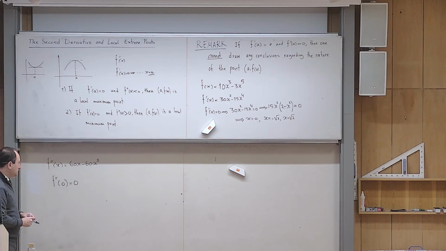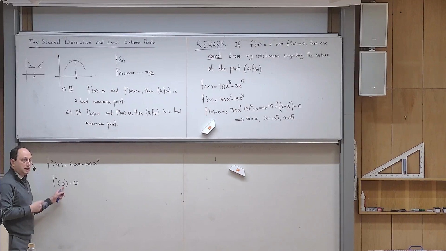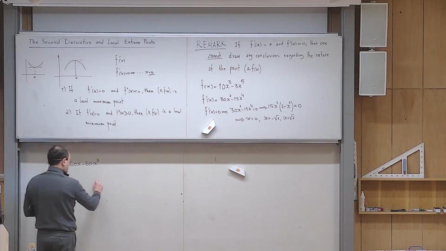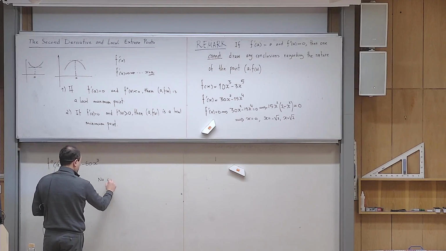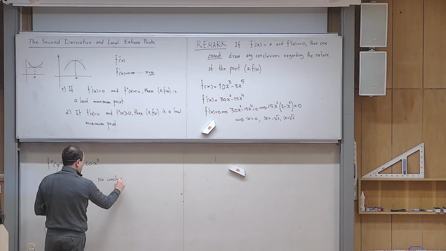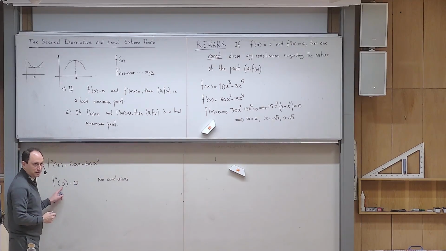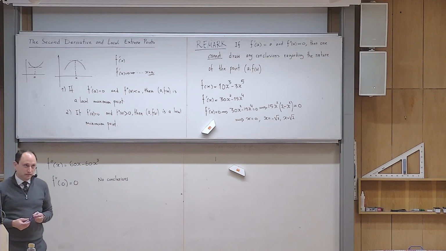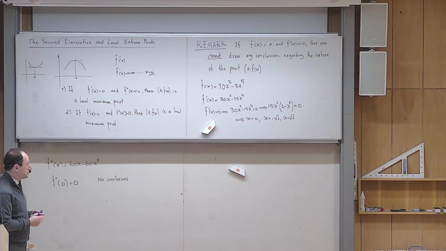So this means that I cannot draw any conclusions for the nature of x equals 0 from this kind of test. So no conclusions. If you insist on understanding the nature of that, you have wasted a little bit of time. Then you have to go back and use the first derivative. I just want you to know this is somehow the weakness of this part.